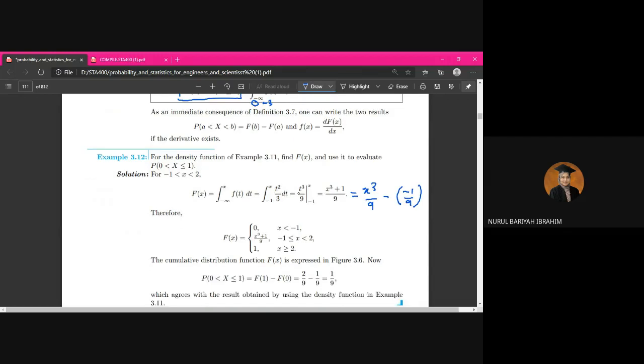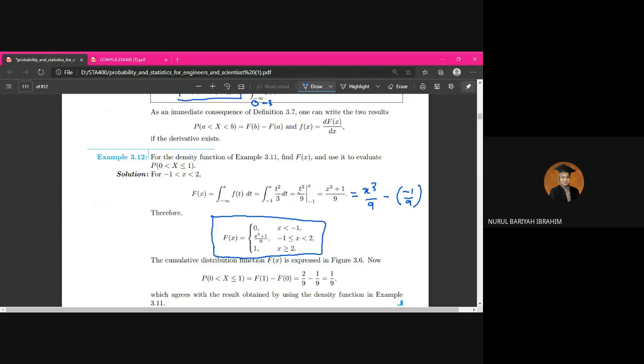So how to express your CDF function will be like this. Okay. Kalau less than negative 1, kenapa kita ambil negative 1? Sebab tadi kan functionnya, dia punya interval for x tadi daripada negative 1. So less than negative 1 is 0. The CDF for the interval x from negative 1 until 2 is this, which is kita cari tadi.